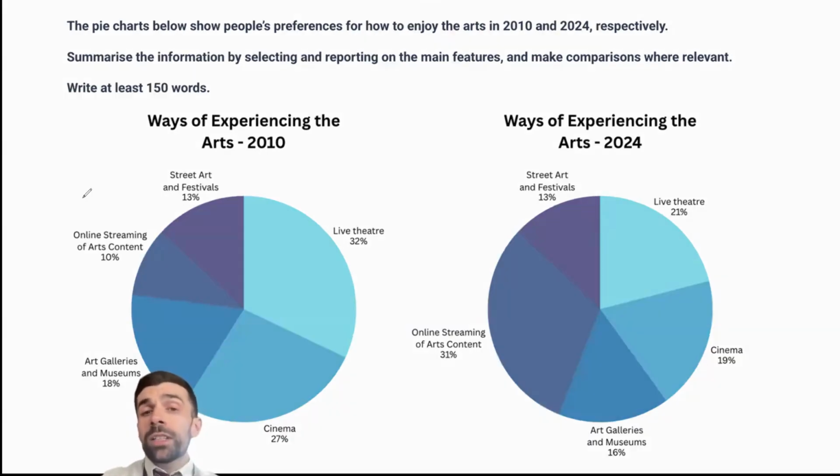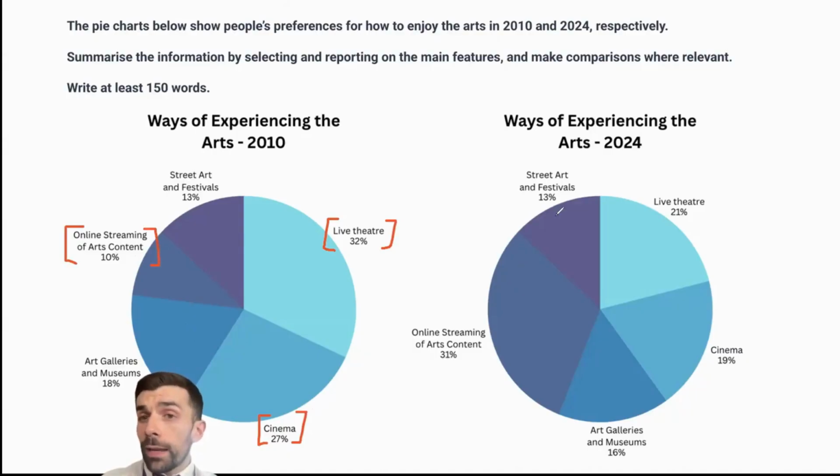All right, if you need more time, as always, you can pause the video and hit resume when you're ready to continue. From the first pie chart, you should have noticed things like the fact that live theater and cinema had a very large proportion of the data, and that online streaming had a relatively small share of users.